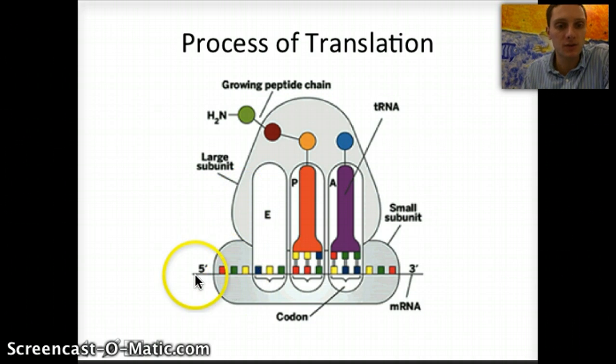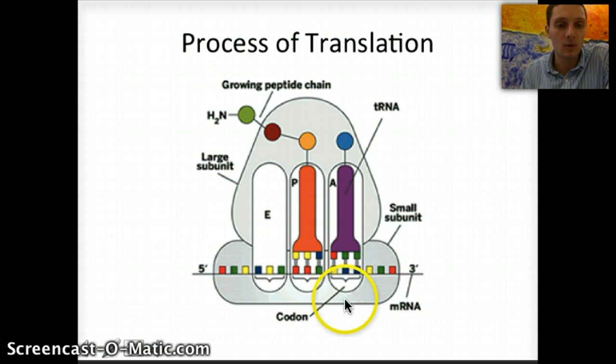We also have our messenger RNA strand, which is identified here, and this is our 5' and our 3' end. Now on the ribosome there are three different sites: the A, the P, and the E. Two of these are sites where transfer RNA molecules are going to bind. The A site is the first site that a transfer RNA molecule will bind to.